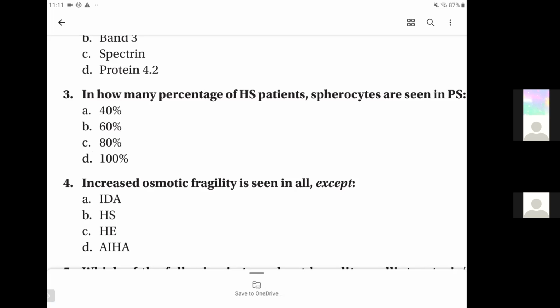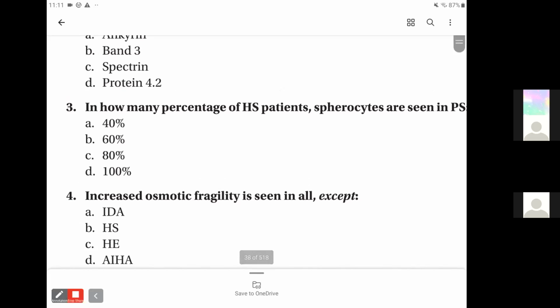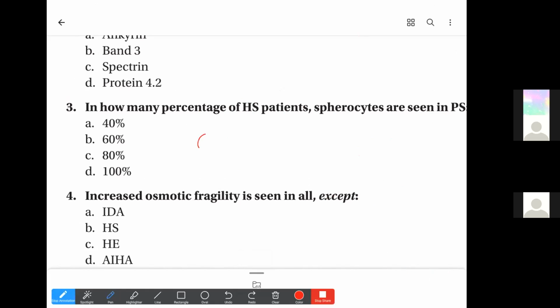Now we know that these spherocytes are typical for hereditary spherocytosis patients. They have a typical spherical shape, which gives the characteristic appearance, and this is the presentation by which they are picked up.